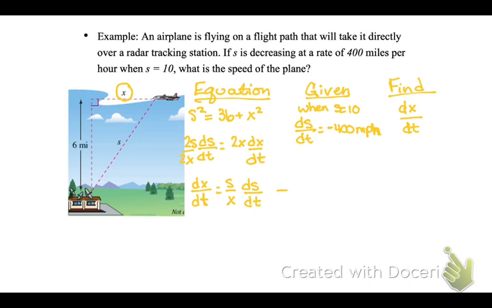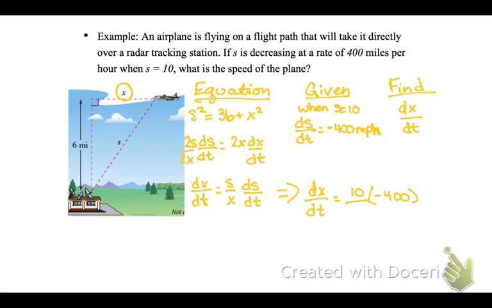So what's s? 10. What's x? That's a good question. We have to find x, don't we? What's ds/dt? Negative 400. Yeah. We need to find x.